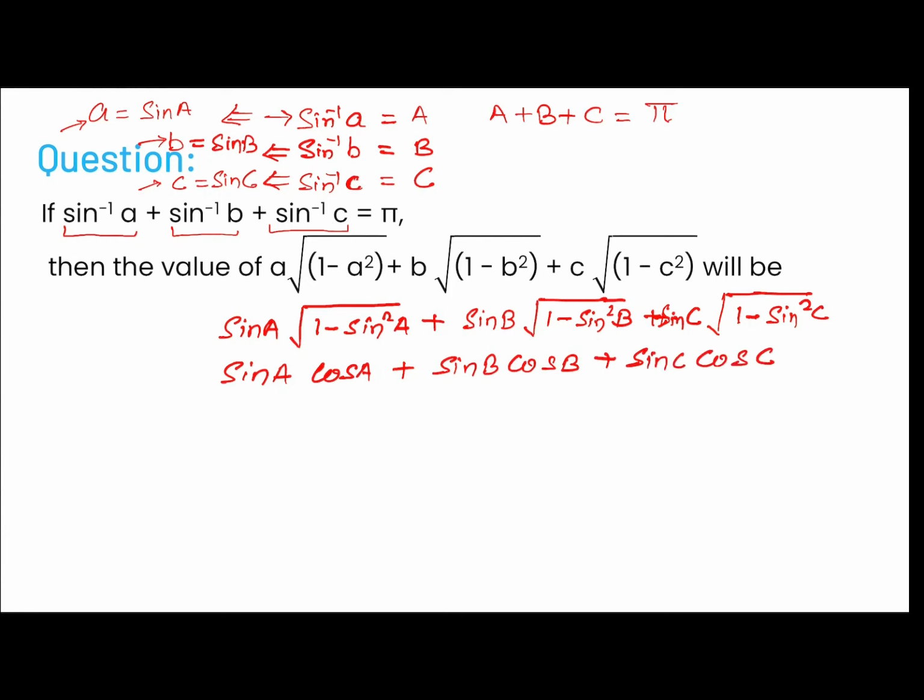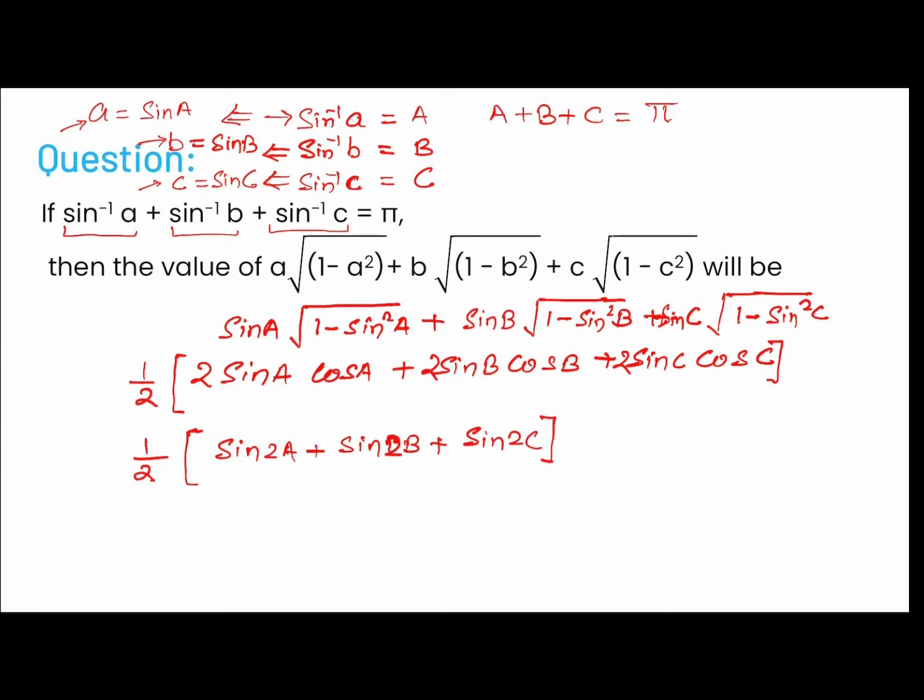Okay, so if we multiply and divide this whole by 2, we write 1 by 2 outside and multiply by 2, so this whole will become 1 by 2 times of sin 2A plus sin 2B plus sin 2C.